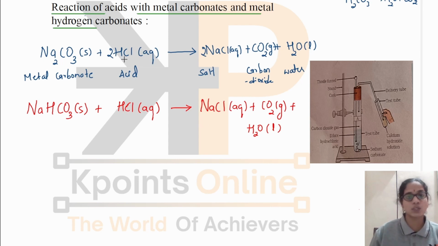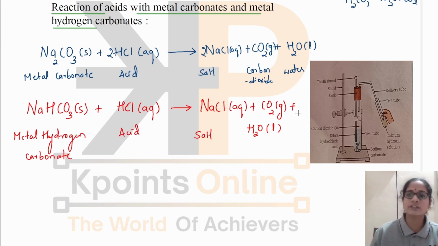In the first reaction, two molecules of hydrochloric acid are consumed, whereas here only one molecule of hydrochloric acid is consumed. This is metal hydrogen carbonate, this is acid. Here again there is a formation of salt, carbon dioxide and water. So you have to remember that in both cases there is a formation of salt, carbon dioxide and water.